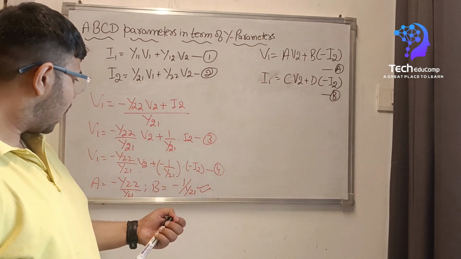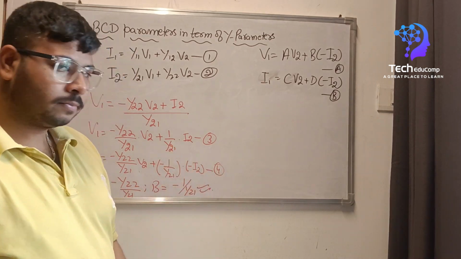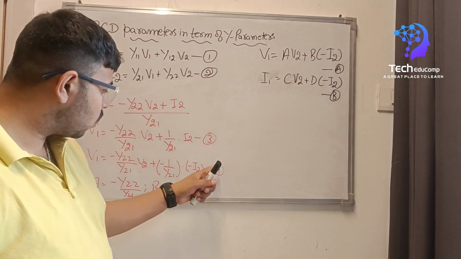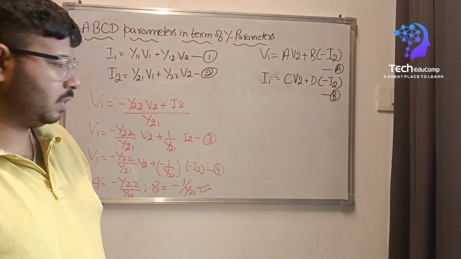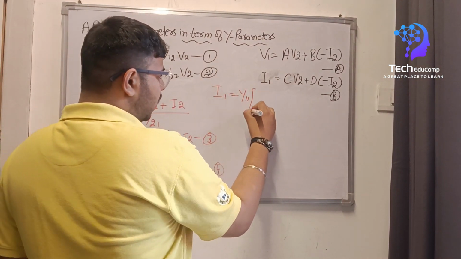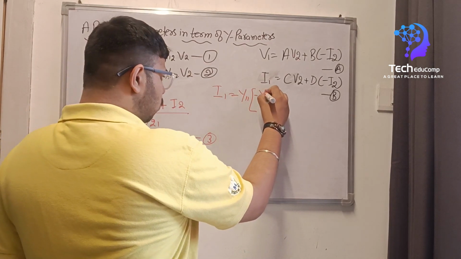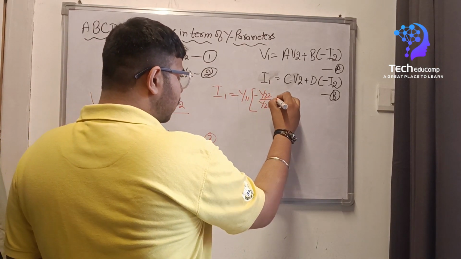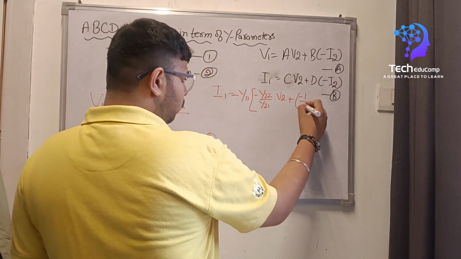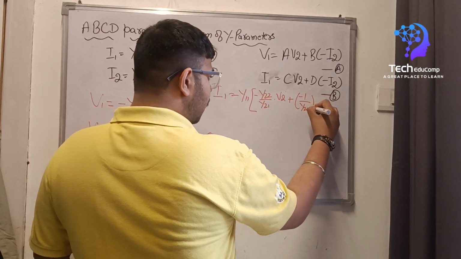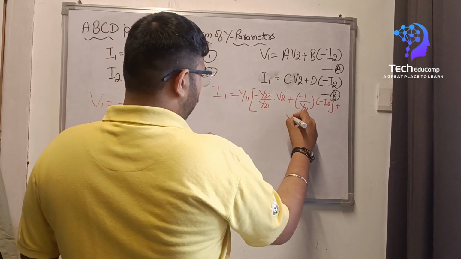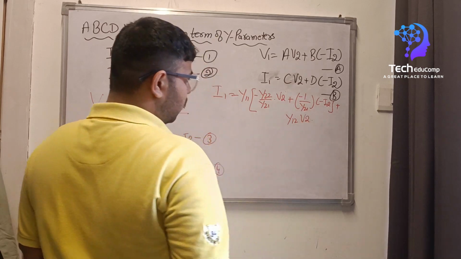Now, I got the values of these. I will put this equation number 4 in equation number 1. So, I1 will be equal to Y11 into minus Y22 upon Y21 into V2 plus minus 1 by Y21 into minus I2, plus Y12 into V2.